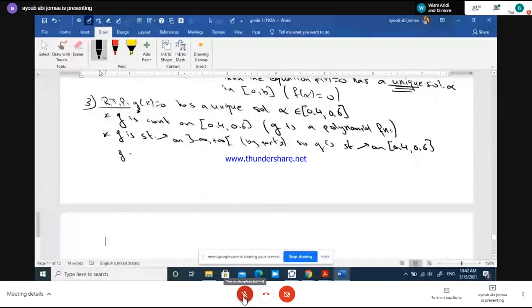G is strictly increasing from negative infinity to positive infinity. It means that g of x equals 0 has a unique solution.